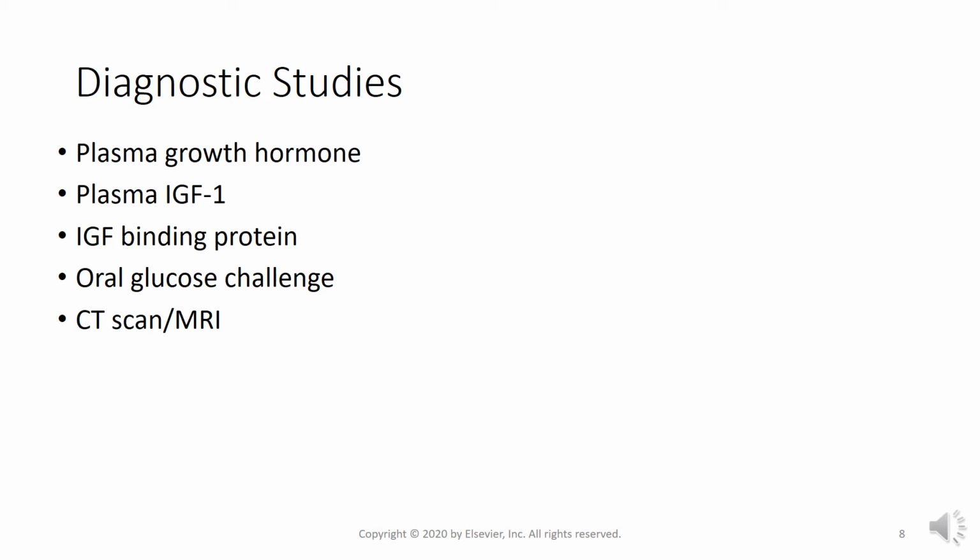Prior to that, you have baseline blood work drawn, and then after you consume the oral glucose solution, growth hormone levels are drawn every 30 minutes. Normally, when you drink glucose, you would see decreasing growth hormone levels. With acromegaly, you continue to see elevated growth hormone levels on those measurements. So that would be one diagnostic test for acromegaly.